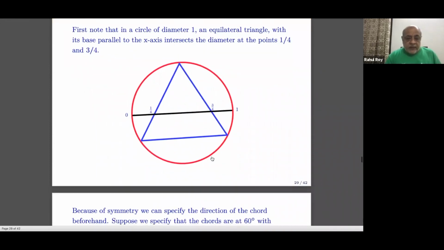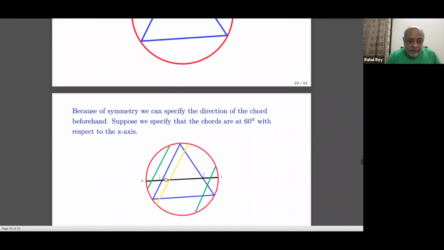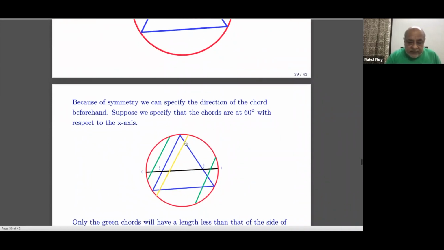Because of the symmetry, we can specify the direction of the chord beforehand. Suppose we specify that the chords are at 60 degrees with respect to the x-axis. So clearly, a chord like the yellow chord, which intersects the line 0 to 1 between 1/4 and 3/4, will have a length bigger than the side length of this equilateral triangle.